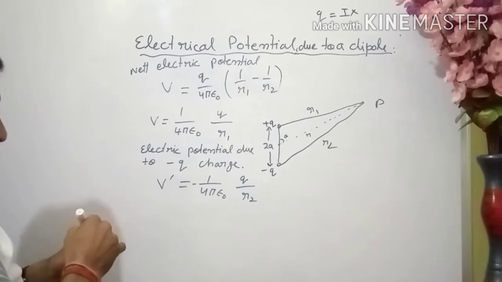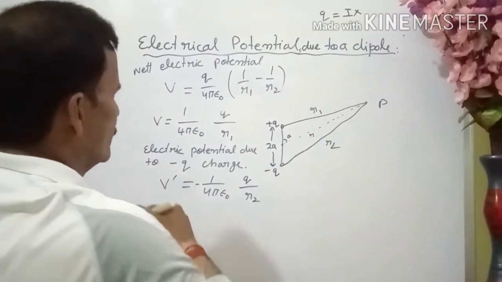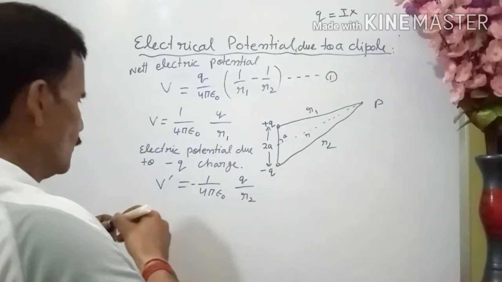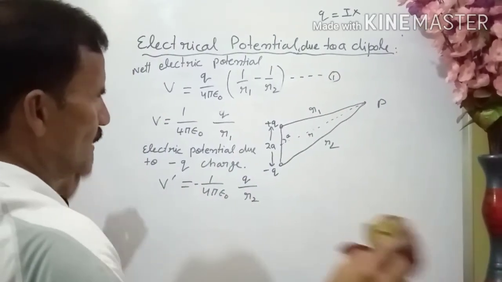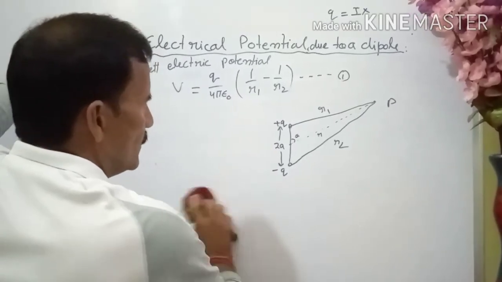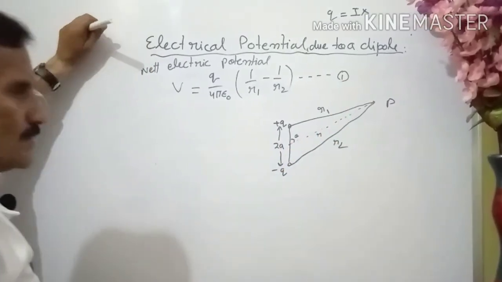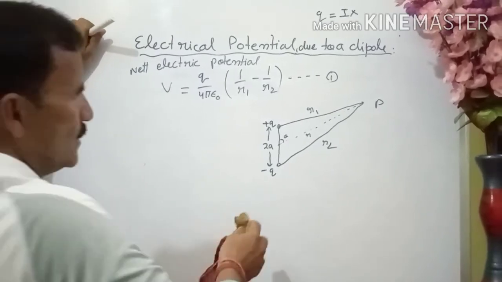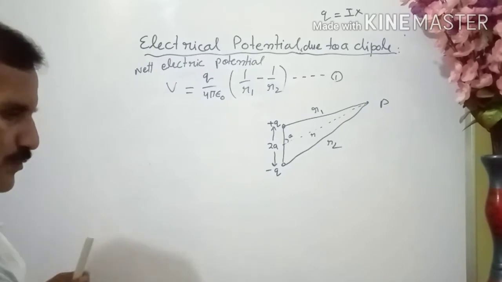Now this is the electric potential, but you don't know R1 and R2, you know only R. Suppose we are required to find the equation in terms of this R, the distance from the middle point of the dipole. So how can R be put?